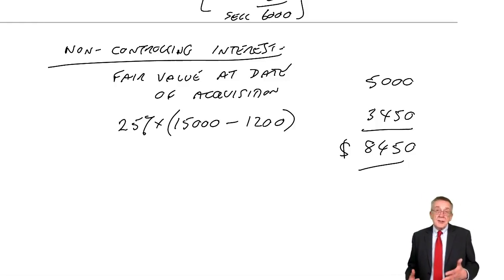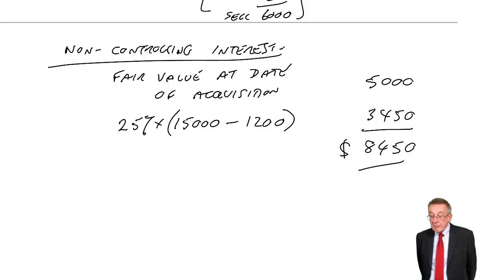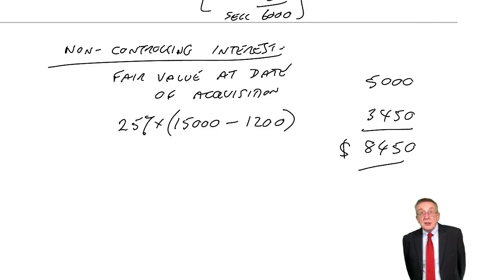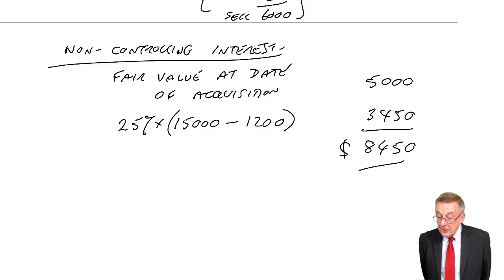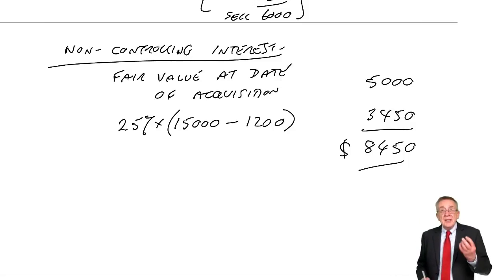Now we've done our workings, and in a minute I'll do the consolidated statement, and that shouldn't take very long, having done the workings. But let me stress two things before I do. One is this unrealized profit is only calculated on goods that are still in inventory.